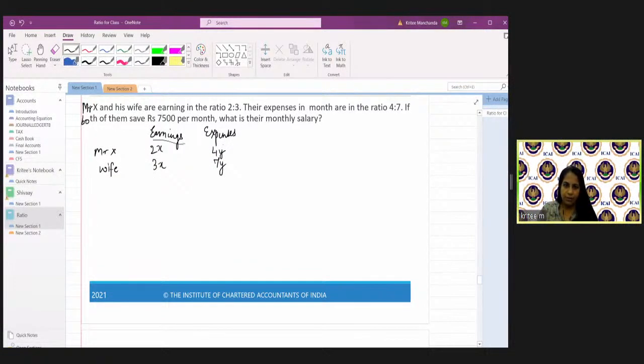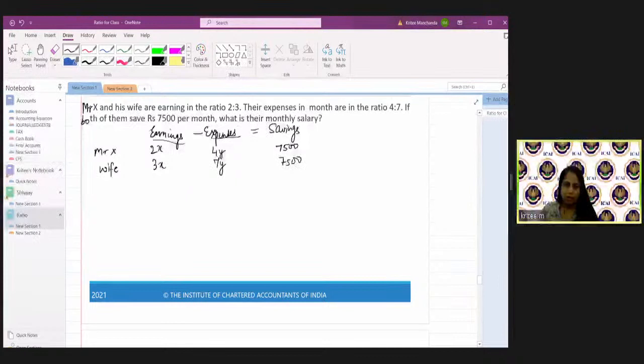Earnings is a different variable, expenses is a different variable. In simple terms, when I subtract expenses from my earnings, the leftover amount is what I'm saving. So both of them, after expending their respective salaries, are able to save 7,500 per month.